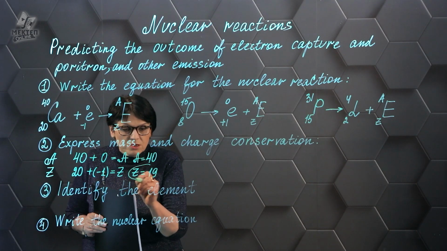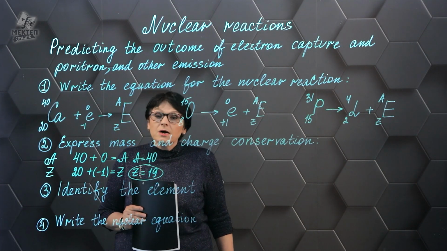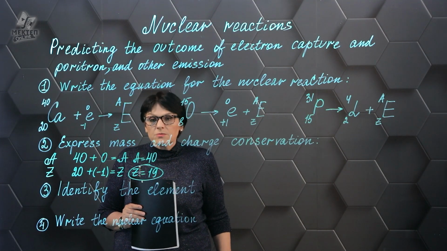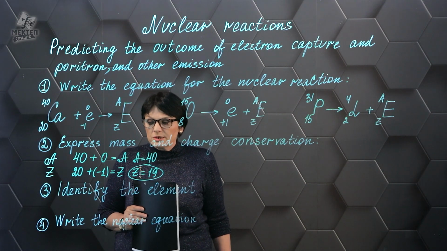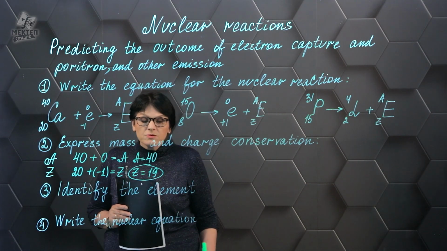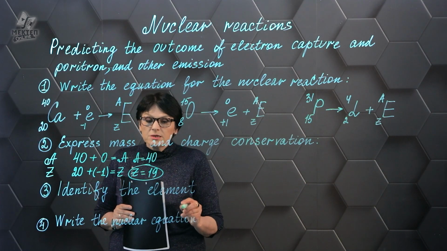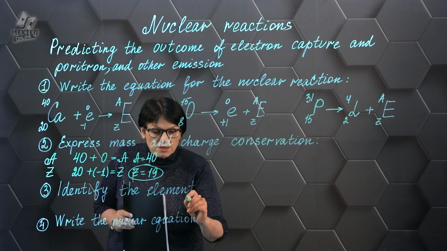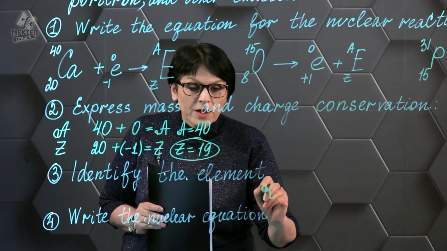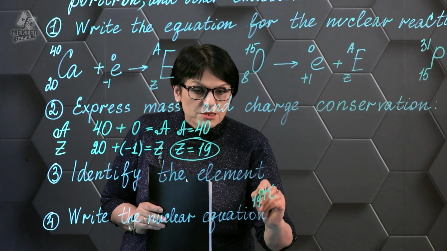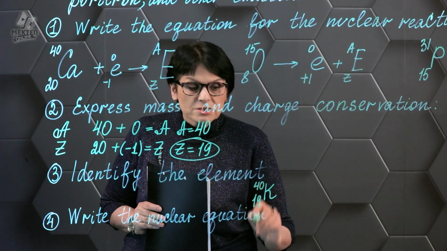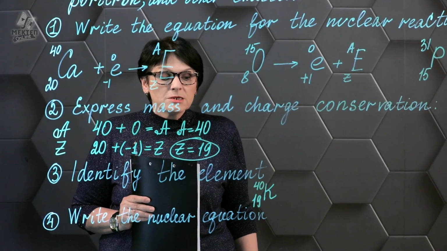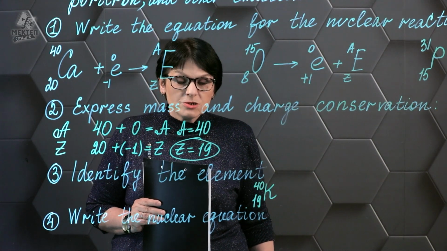But since it is the ordinal number of the element that is the main thing for us, because the mass of the isotopes can be different, we can come to a conclusion as to what this chemical element is. So, number 19 is the element, potassium, and it has a mass of 40. This is one of the isotopes that this chemical element has.